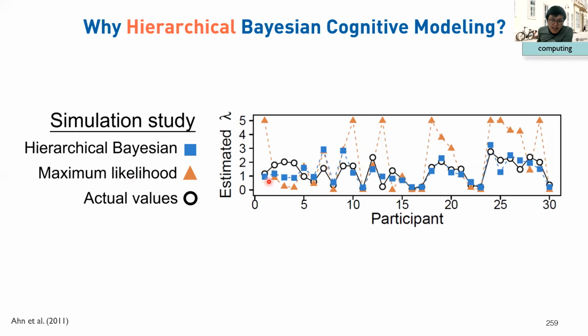What you can see is that the triangle is not really following the black circle, right? But if you compare the black curve and the blue curve, you see that these two are pretty much the same. They resemble each other. So this means if we use the hierarchical Bayesian approach, in terms of the accuracy and reliability of parameter estimation, it outperforms the more traditional non-hierarchical maximum likelihood estimation.